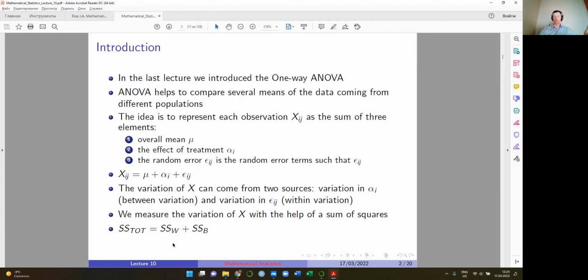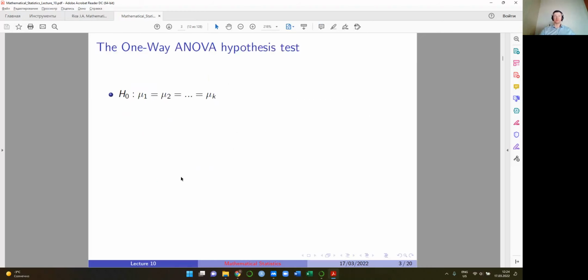So then we compare these two parts, and if sum of squares between is significantly greater than sum of squares within, then we conclude that different levels of treatment, or different populations, or different groups, they have different population means.